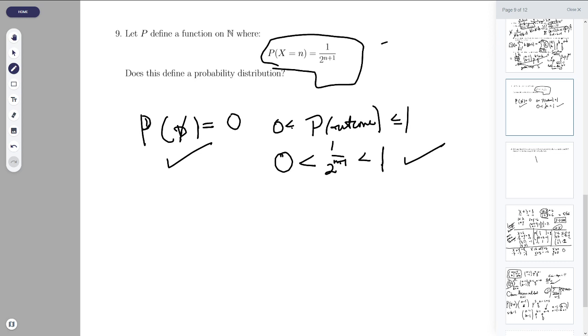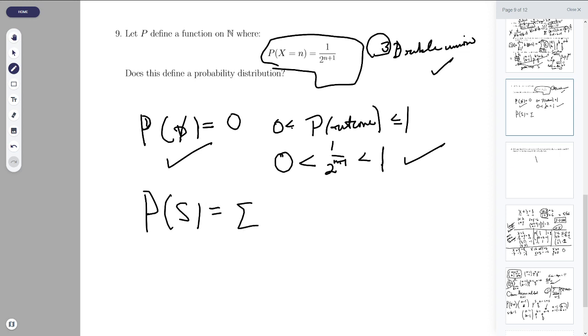I'm not going to verify condition 3, which is, if you remember, the double union principle. We're just going to assume that the double union works. That leaves one thing left to verify. The last thing we have to verify is that the probability of the sample space, which is equal to the sum of all the outcomes, is equal to 1.